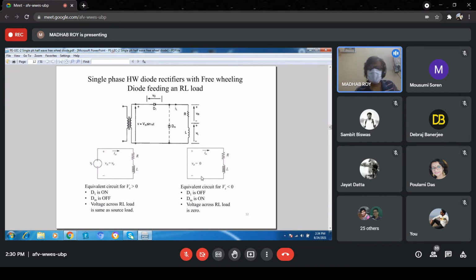The voltage across the RL load will be 0, because no source voltage is coming across this load. We already know that the load voltage is basically the source voltage only when it is conducting, in the positive half. So beyond pi, the source voltage is equal to 0.